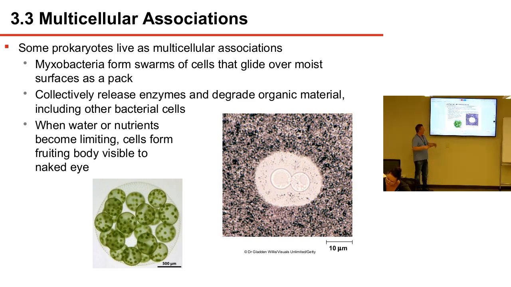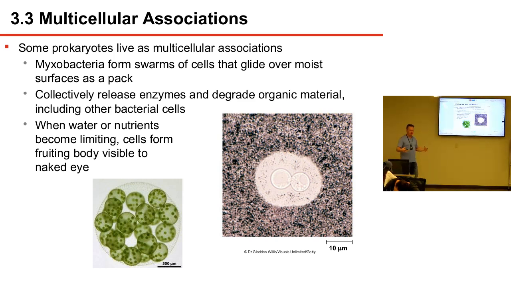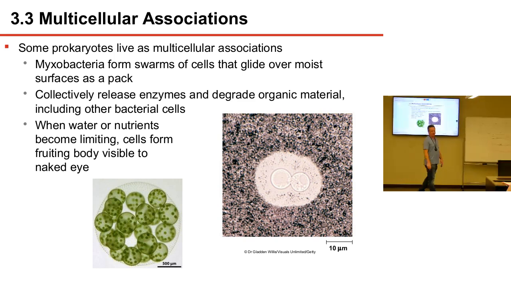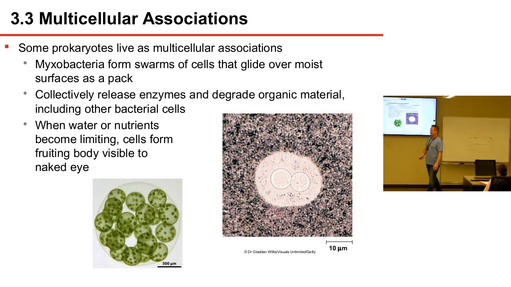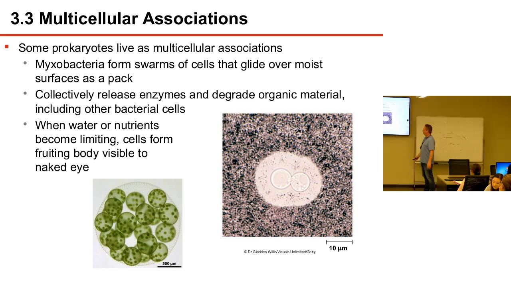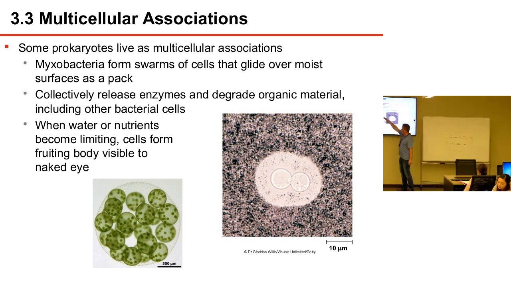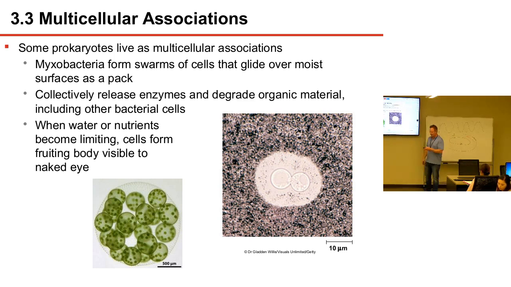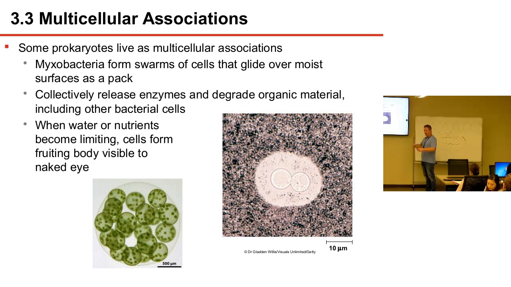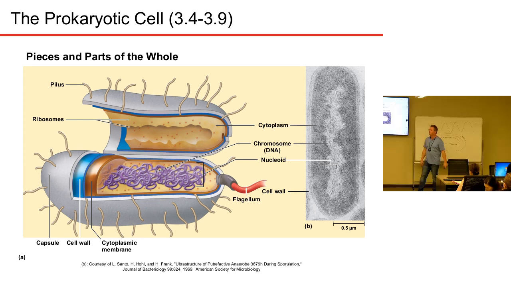And when they recognize that there's a large enough mass of them, then they'll start releasing enzymes or other organic materials that help them digest food around them for the whole. So a lot of bacteria will work together in teams, essentially, to get things taken care of. Especially when nutrients are limiting or water might be limited, they're going to conjugate. They're going to come together and try to survive as a whole instead of as an individual.